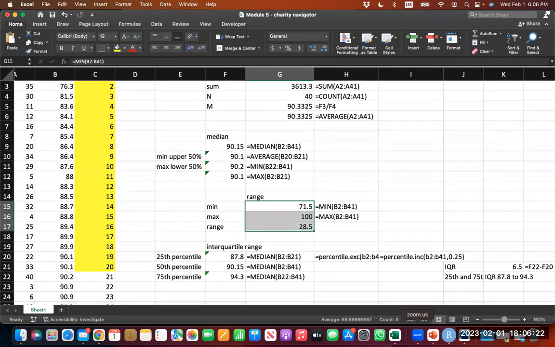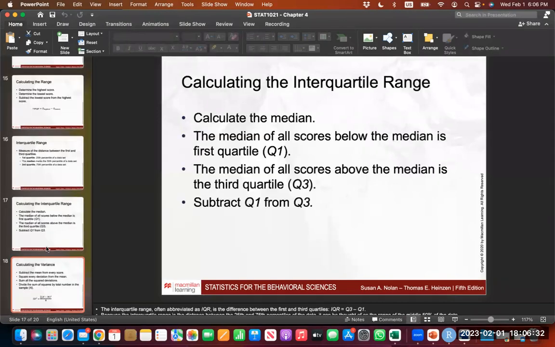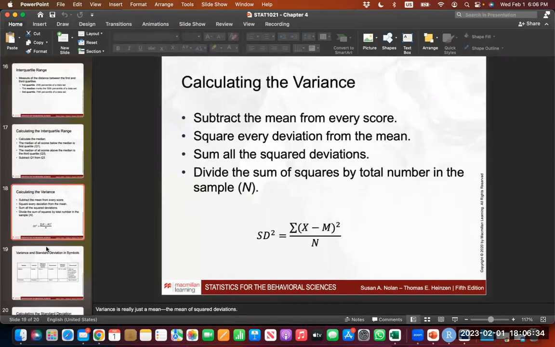Any other questions? All right, then let's continue. We now have the range and the interquartile range, and now we're getting to the most important marker of variability, and that's the standard deviation.